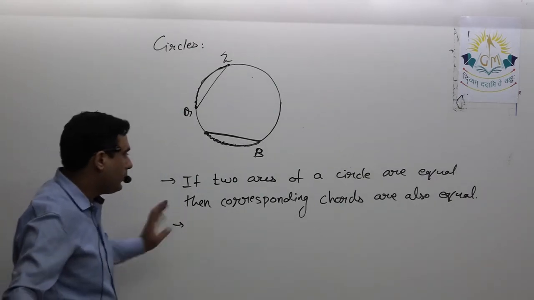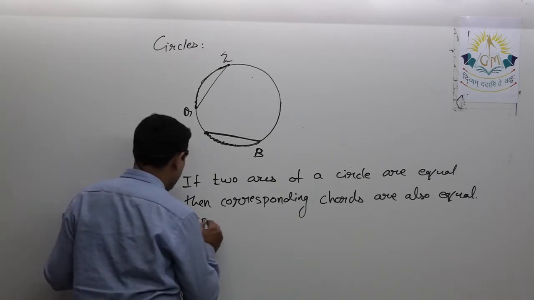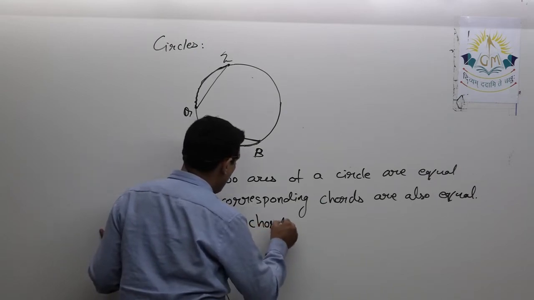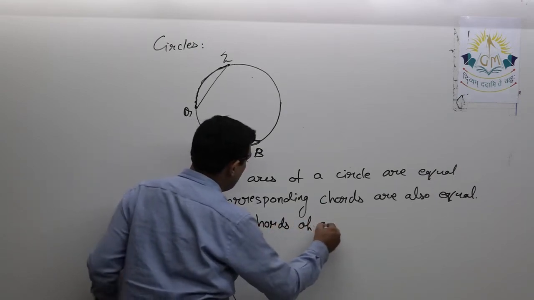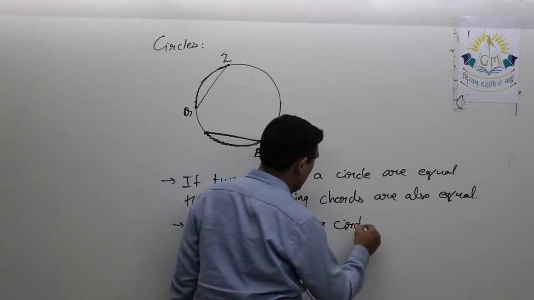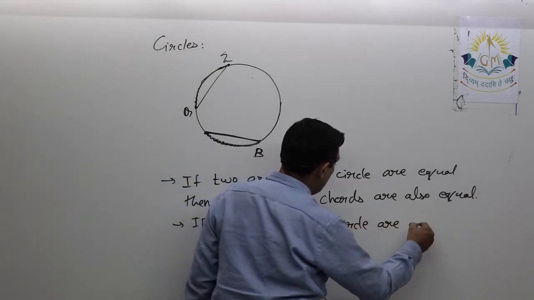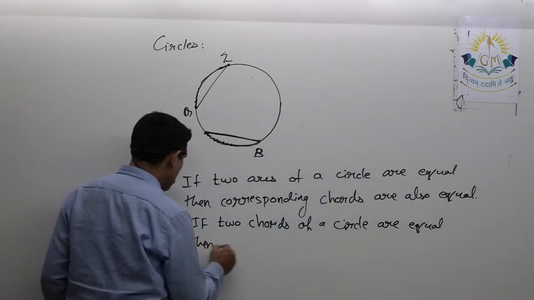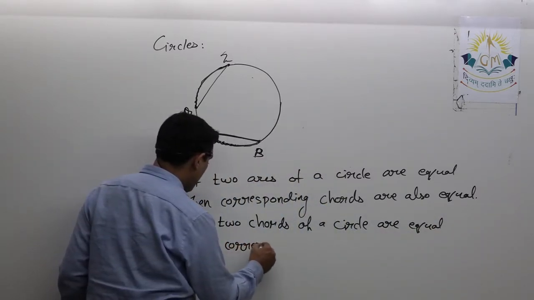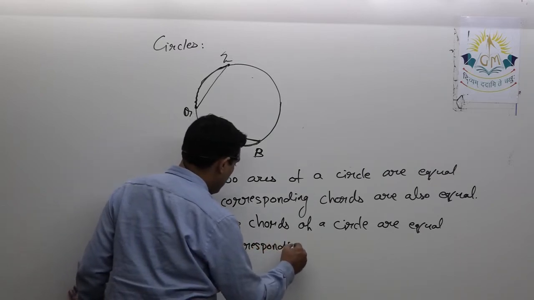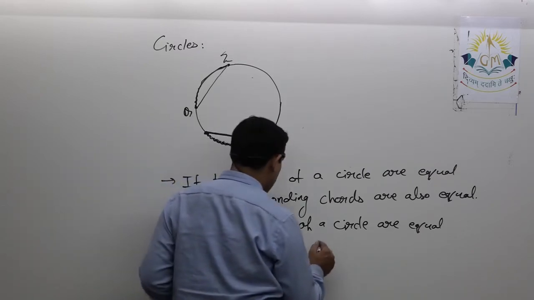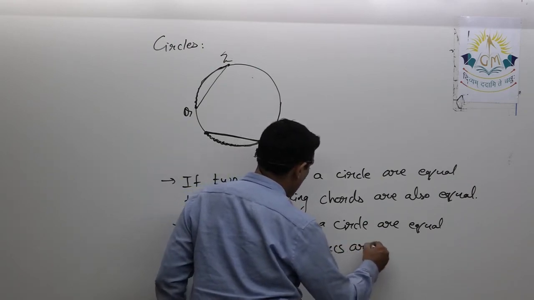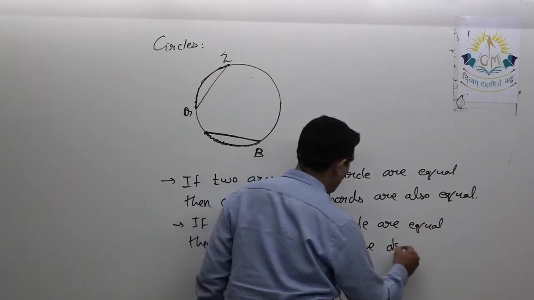Now its converse is also correct. That means if two chords of a circle are equal, then the corresponding arcs are also equal.